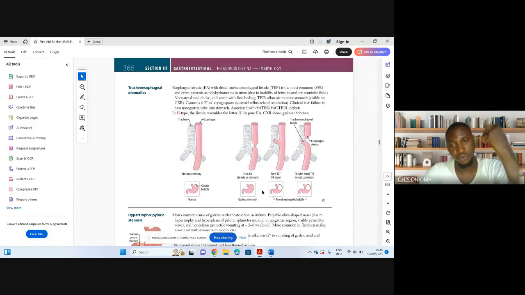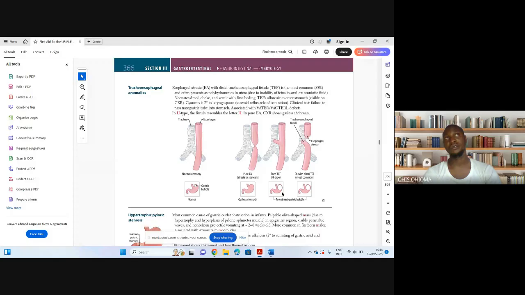But for a patient with the H type, as far as there's a connection with the trachea, the patient will have a prominent gastric bubble, because even while you talk, you kind of take in air and it goes down your esophagus. And so that's what causes the normal gastric bubble. But for these patients, every time that they breathe in, they take a large volume of oxygen, and some of it is diverted into the gastrointestinal tract, and you would see a prominent gastric bubble.